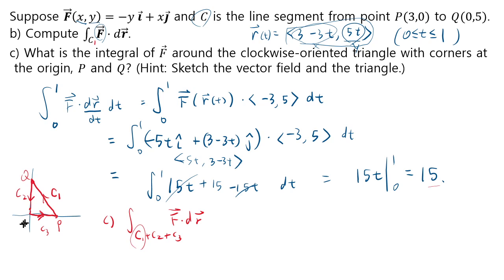See, for example, we have 1 and 2 and 3. If you had 1, 0 over here, that means x is 1 and y is 0, right? And if you evaluate f at 1, 0, you end up with this. This says y is 0, so you get negative 0 i, and then x is 1, so you get 1 j, which is 0, 1, a vector pointing upwards, right?